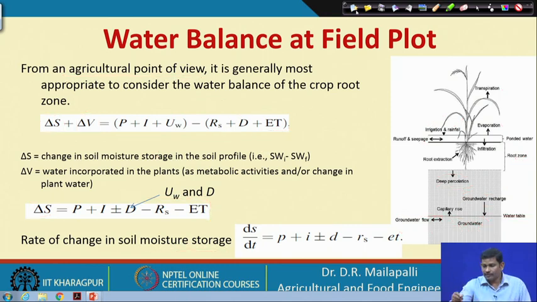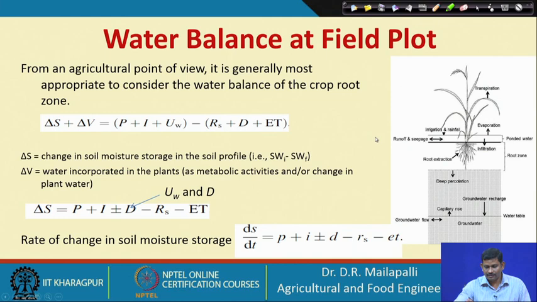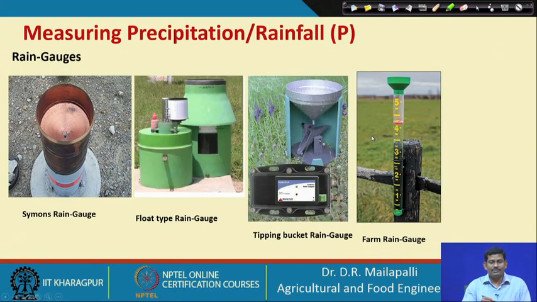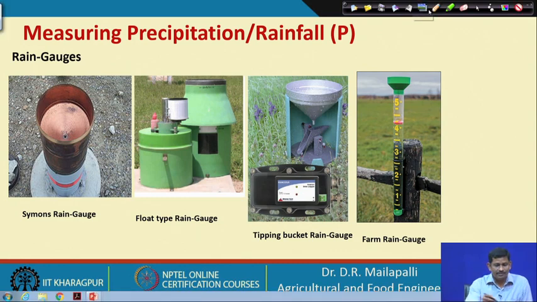And then next is how to measure or estimate these field water balance components. For example, for measuring precipitation or rainfall: precipitation is a more general term, rainfall is specific because it is mostly in liquid form.